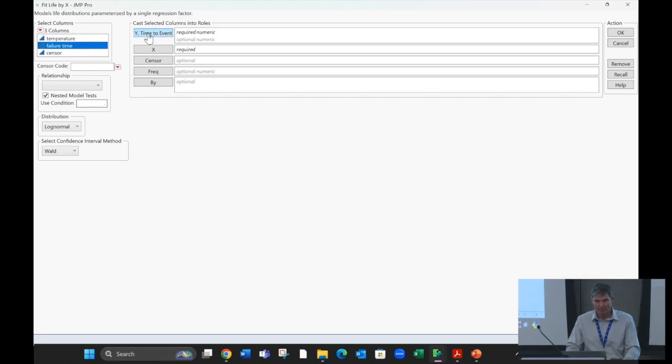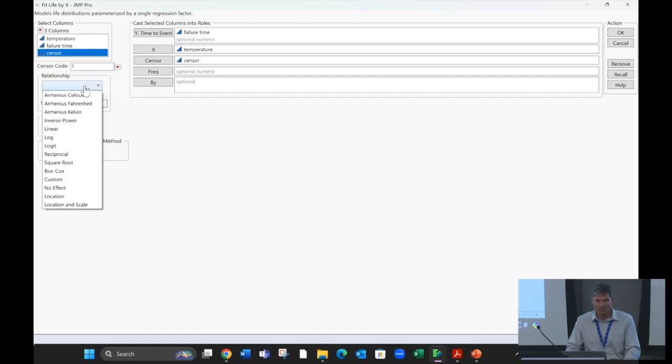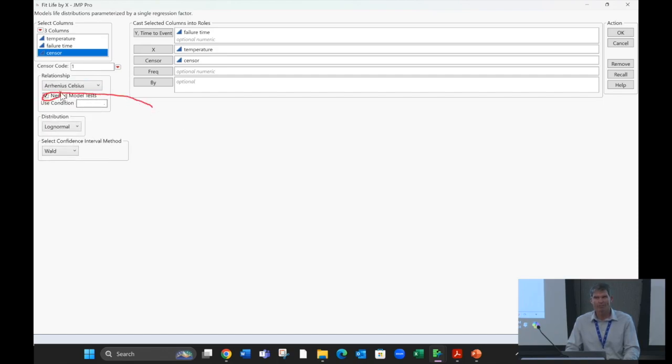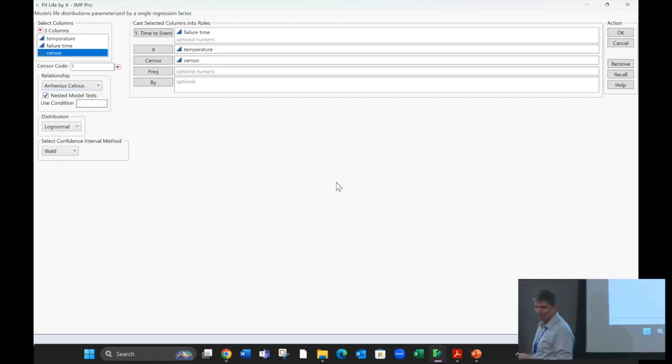Actually, no, it's the failure time. Temperature is going to be the X, and Censor is going to be Censor. It immediately defaults to 1. You could have some other censoring pattern, but 1 is what we're going to call it. We need to figure out what the relationship of interest is, and this is where I'm going to choose Arrhenius Celsius. The nested model test is different from the nested versus crossed that we were just talking about.